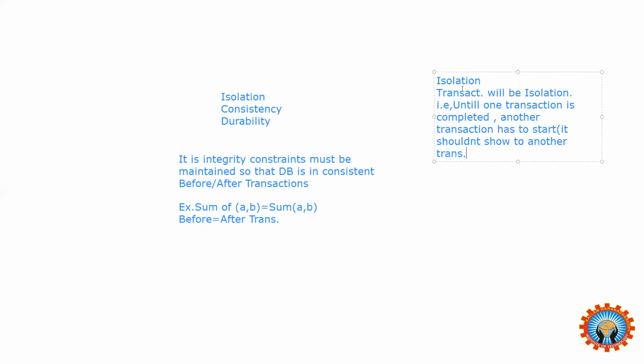This is called isolation. Until one transaction is completed, another transaction has to start. In between the process, it should not show from one transaction to another transaction. For this, we will discuss one example.